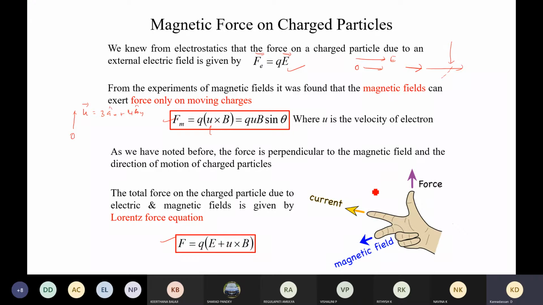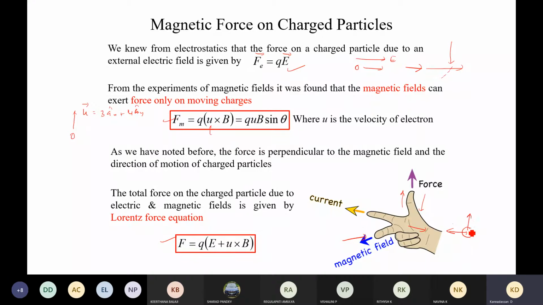You are supposed to remember that if the magnetic field is towards the current element, then the force will be in the downward direction. And if the current is in this direction, then it will be upward. So all these things you have to keep in mind when you apply that. In most cases, people will consider that the magnetic field is towards the paper or towards the screen. In that case, if the current is traveling in this direction, then the force will be exerted upon it.